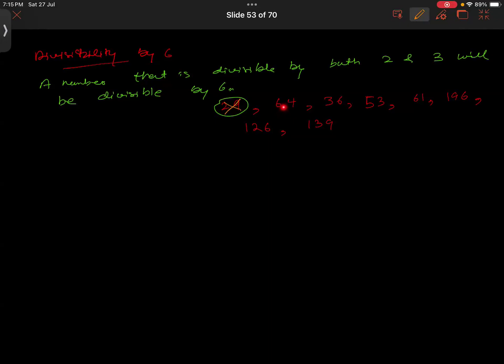It is divisible by 2, but not divisible by 3, so no. Is the number 36 divisible by both of them? 2 times 18 equals 36, so it is divisible by 2. What about 3, Habib and Sumaya? Yes. So it is divisible by both 2 and 3, hence the number is divisible by 6 also. What about 53? It is divisible by neither 2 nor 3. So it's a no for this number.